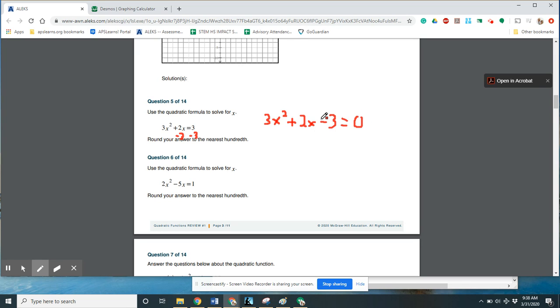I would encourage you to try and use the quad formula. If it's not working for you, you can use graphing, or factoring would be hard with this one. Just remember your a is 3, your b is 2, and your c is -3. And then plug those values into the quad formula, which again is -b plus or minus the square root of b squared minus 4ac.